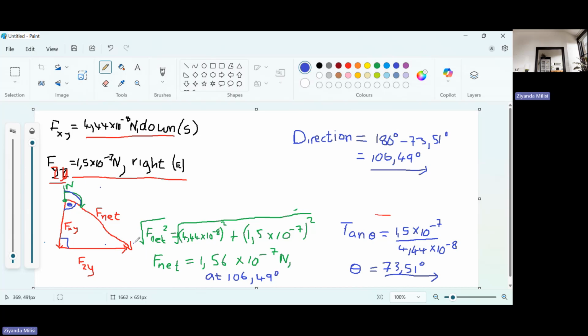All right, so that's how we work out a bearing. Remember, a bearing is an angle from the north, measured clockwise. You move until you reach your resultant or your net force. Then you stop. That is the angle that we've been looking for.